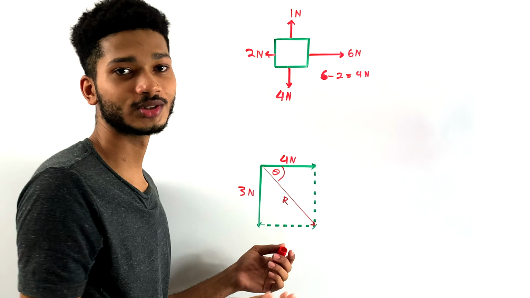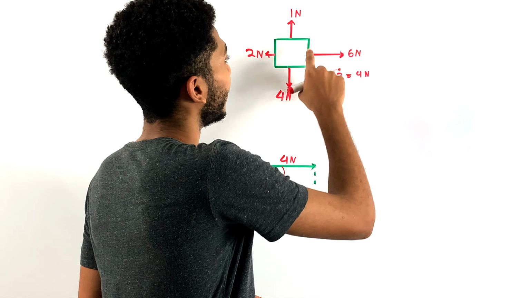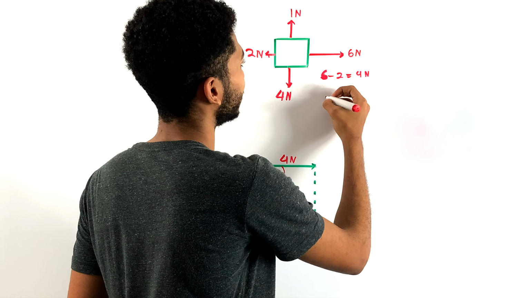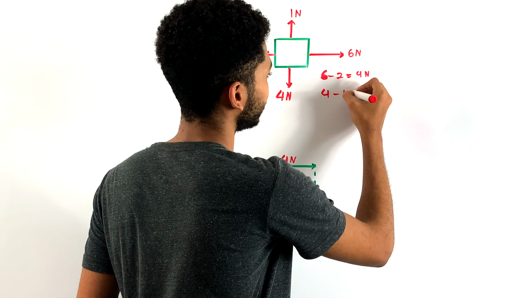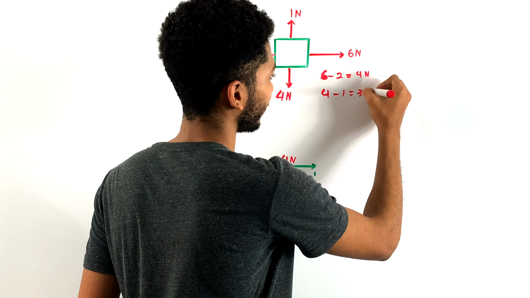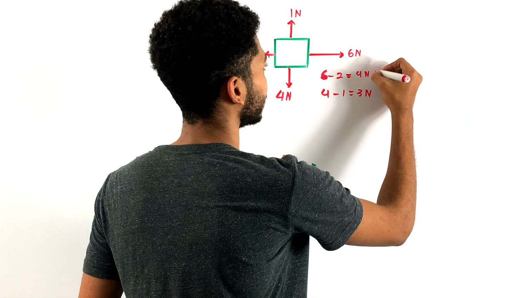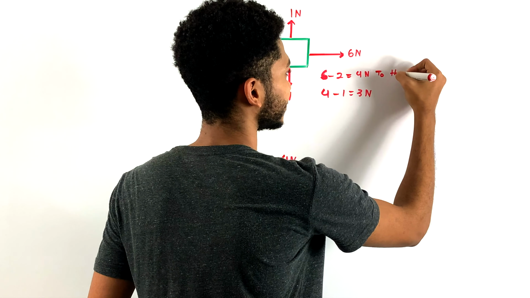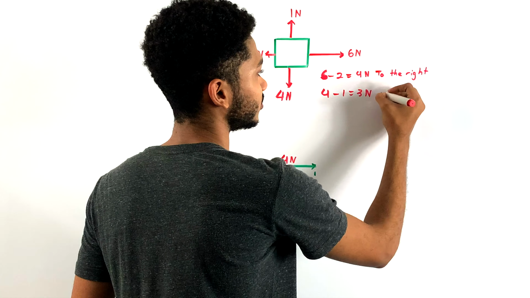So note our horizontal vector has a resultant force of 4. And our vertical will be 4 minus 1, which will give you 3. And remember, always remember, to the right, down.